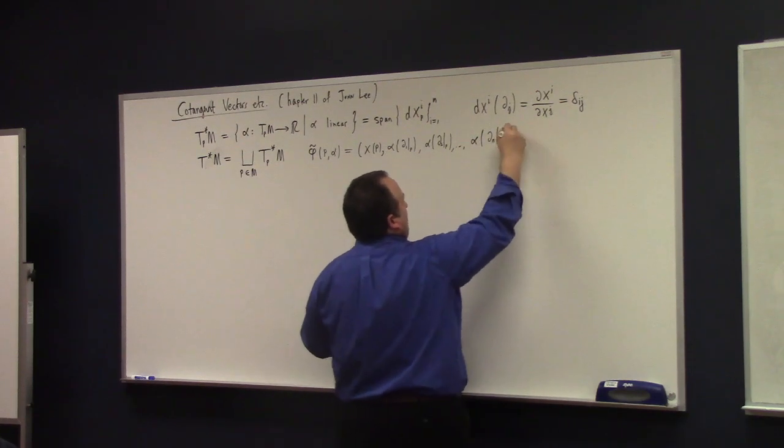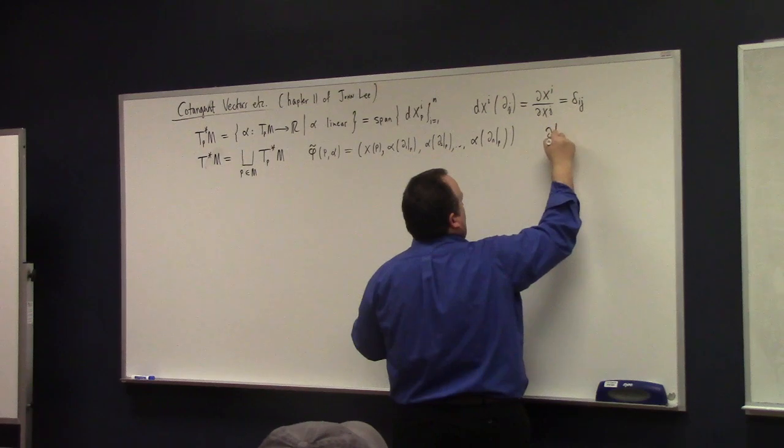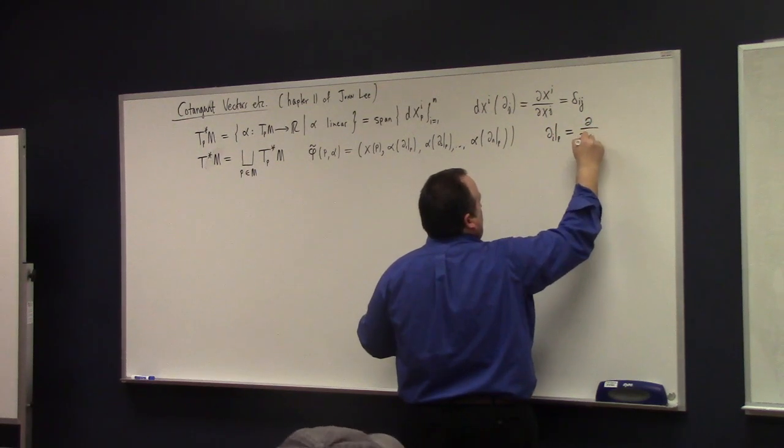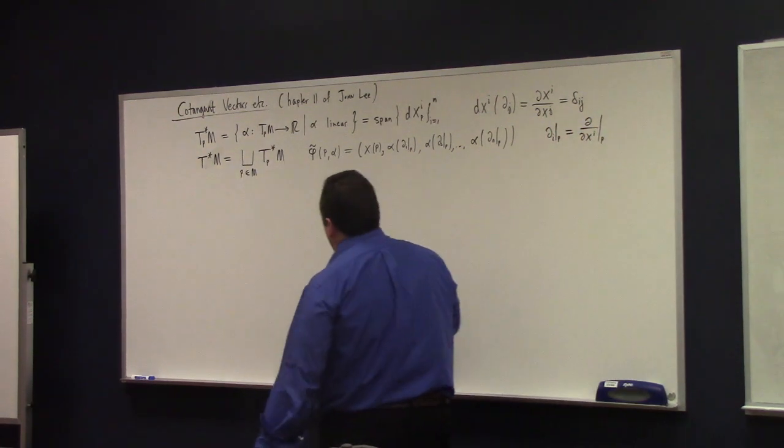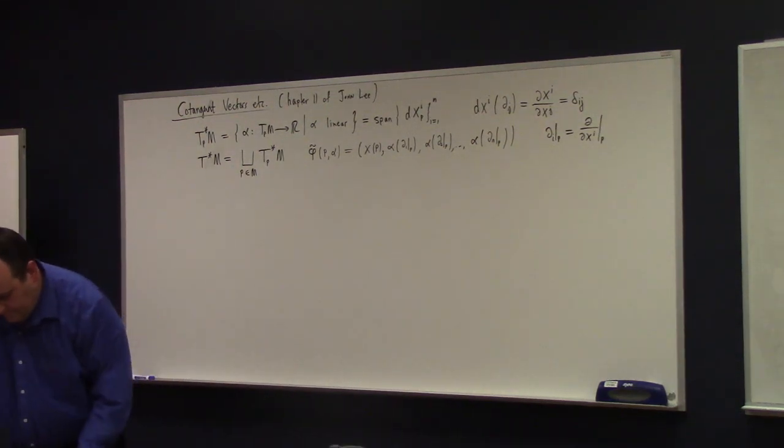I'm using, at the moment, a more abbreviated notation, namely that partial_i at the point p is a shorthand for this. That is a notation which has served me well. So there you go.